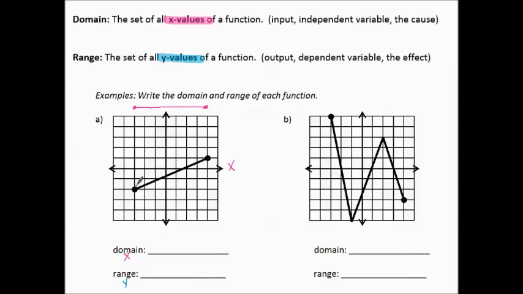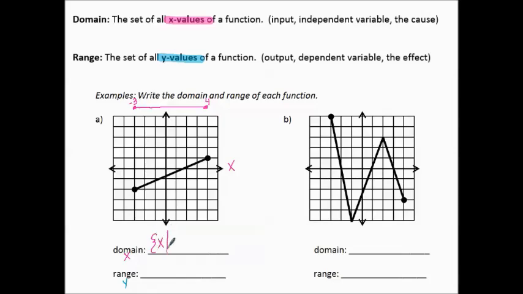Okay. Now which point is this? 1, 2, 3. My graph goes from -3 all the way over to 1, 2, 3, 4. So on the x-axis, my graph goes from -3 to 4. So when I write my domain, we draw our notation, which are these curly brackets.